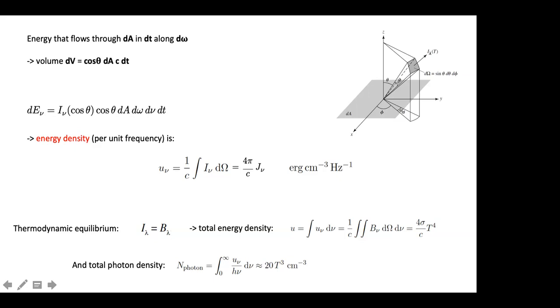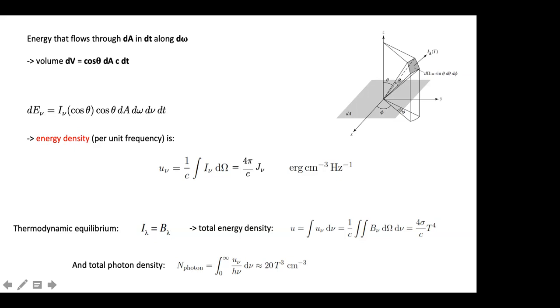And it's easy to see that as this is radiation, this radiation goes with the speed of light. So the volume that it occupies is area multiplied by the height, and the height is velocity times time. So it's c dt. So c dt times the area is the volume, but it must be multiplied by the cosine of theta, that is the angle, because of course the volume decreases as you consider a direction of propagation that is not orthogonal.